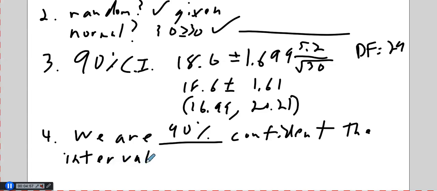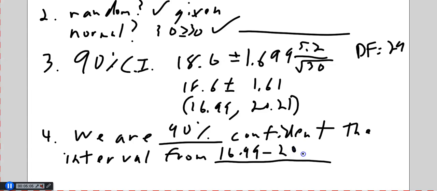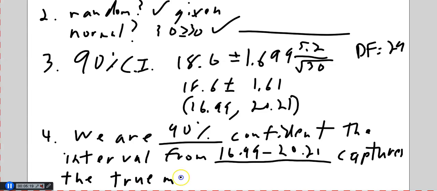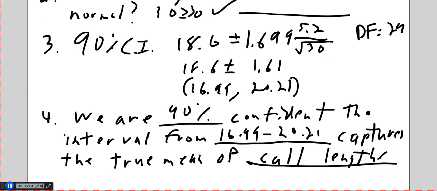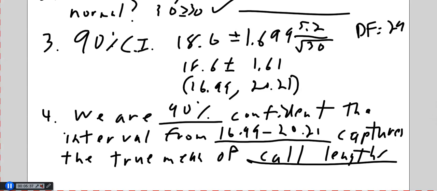The interval from 16.99 to 20.21 captures the true mean of, and I'm just going to save some space here and just say call lengths. If you put customer call lengths, no big deal, whatever. Same thing. And that's it. That's the problem.